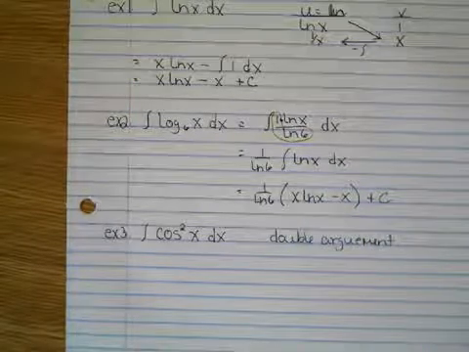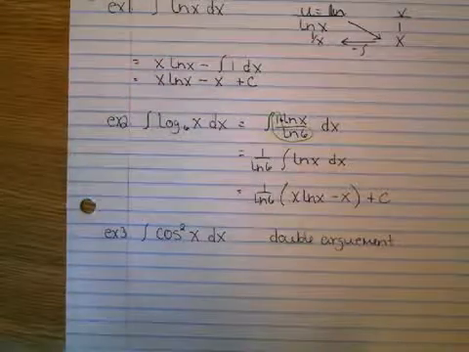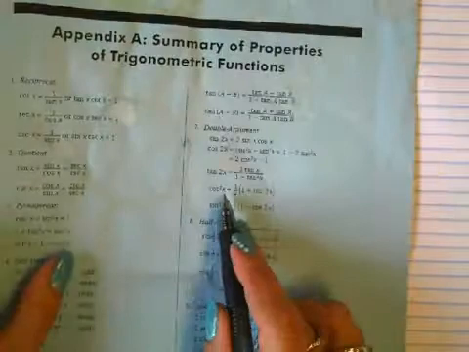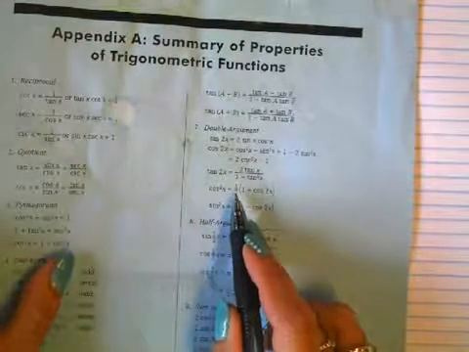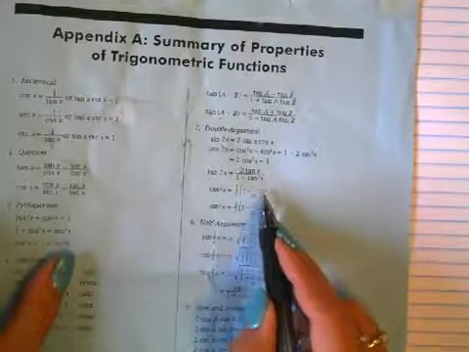So if you look at the double argument, we're going to rewrite cosine squared as, I'm going to distribute the 1/2 in right now. So 1/2 plus 1/2 cosine, double the angle.